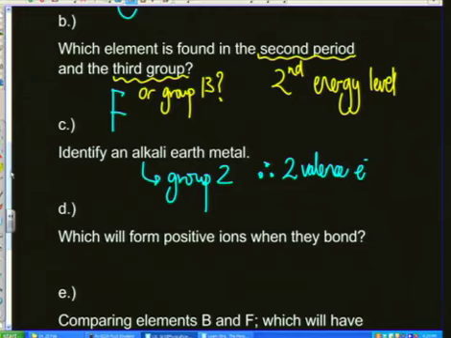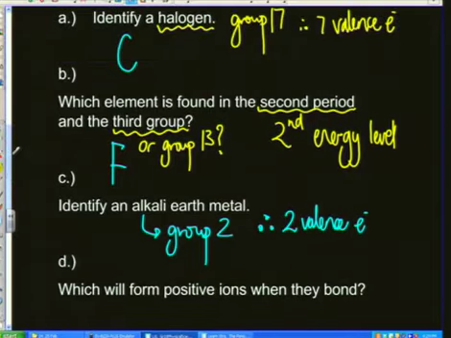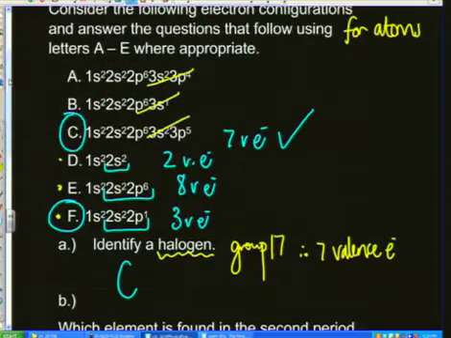We don't know the period that it's in, but we do know that it can only have 2 valence electrons. And I worked some of these ones out earlier, so I can just take those away and head back here. This was 6 valence electrons, that was 1 valence electron, 7 valence electrons. The only one that fits, there it is, it's got 2 valence electrons.